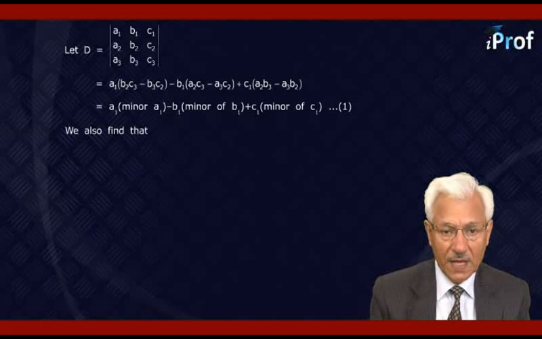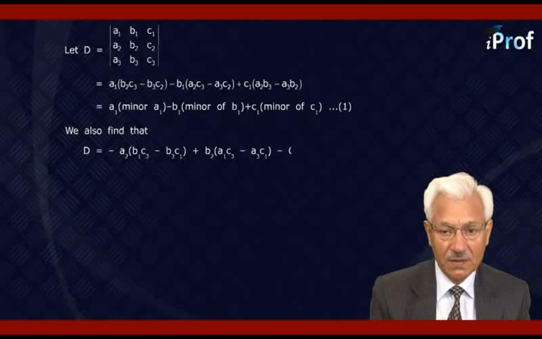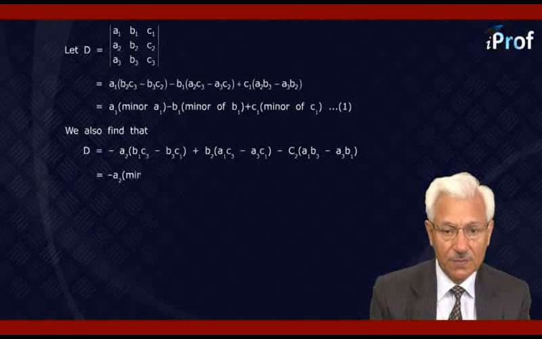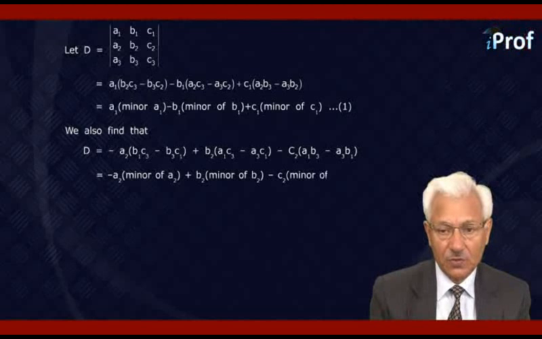This can be the first type of expansion of D. Similarly, we also find that D is equal to minus A2 times (B1 C3 minus B3 C1) plus B2 times (A1 C3 minus A3 C1) minus C2 times (A1 B3 minus A3 B1), which can be written as minus A2 times minor of A2 plus B2 times minor of B2 minus C2 times minor of C2.